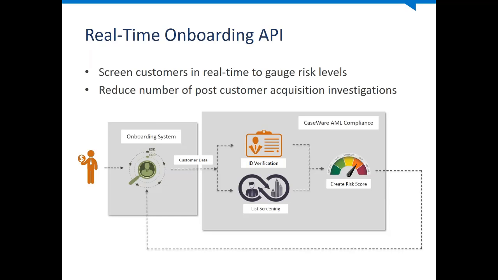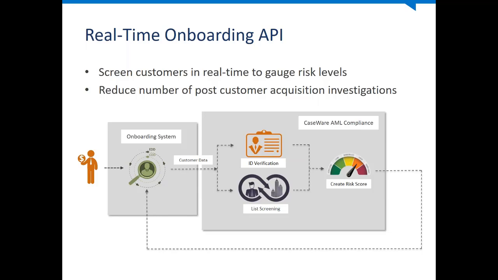We had a couple of customers that did the prototypes for this over a year ago, and they absolutely loved it. It made a big difference in their business. Say they're onboarding tens of thousands of customers every year. When they're onboarding the customer, we're doing all of the due diligence at the same time.